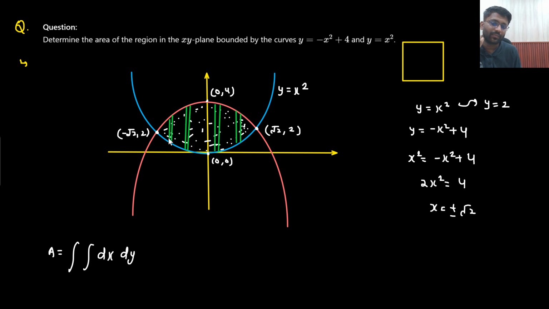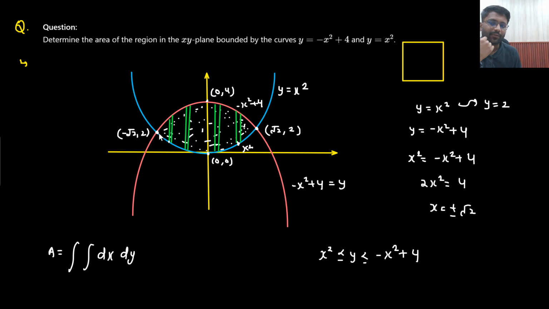That y is going from the lower graph, which is x square, to the upper graph, which is y equals minus x square plus 4. So y is going from x square to minus x square plus 4.